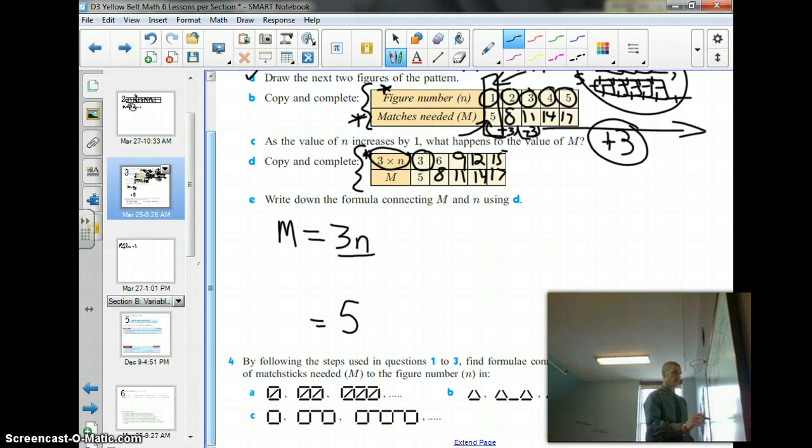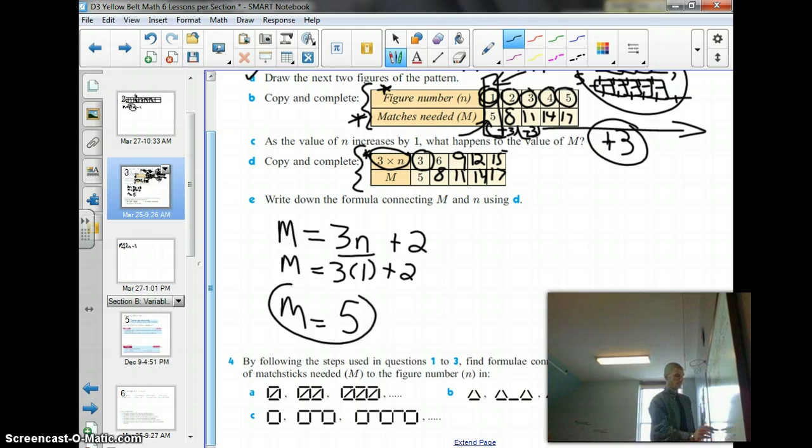Well, let's try adding 2. So when n equals 1, 3 times 1 plus 2, m equals 5. And that is exactly what we had.